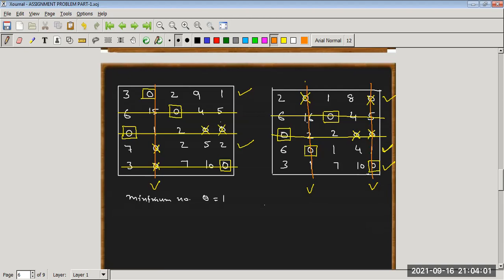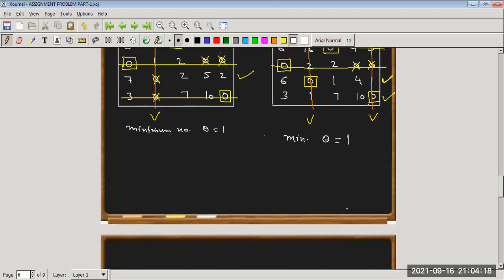So now we have 4 assignments and 4 lines are drawn, and it will cover all the zeros. So now we choose the minimum where no line is passing through it. So the minimum number, theta, is equal to again 1. So we construct a new matrix.